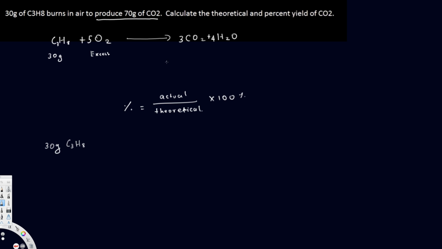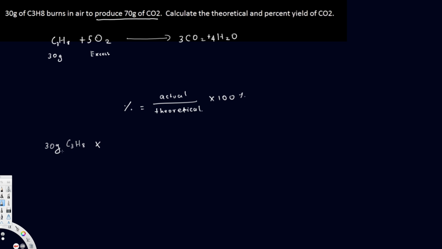That's what we have to know. To find that one, we have to convert this into moles first. To convert this into moles, I simply divide by its molar mass. So I have to arrange it in such a way that the gram and C3H8 cancel, right?